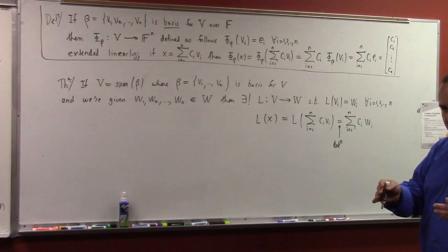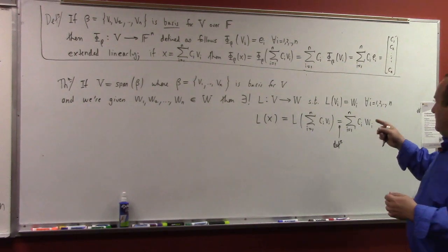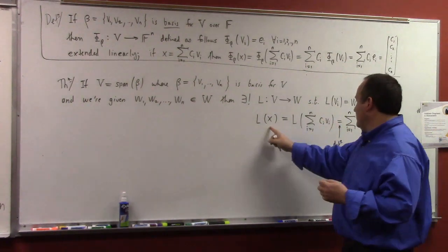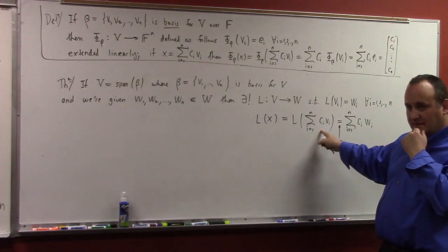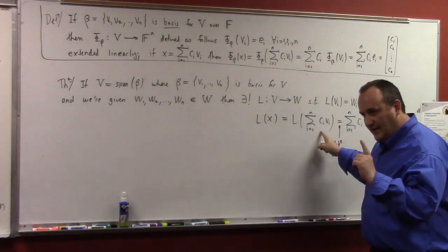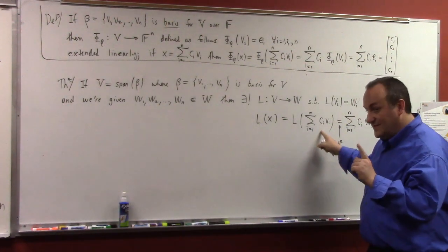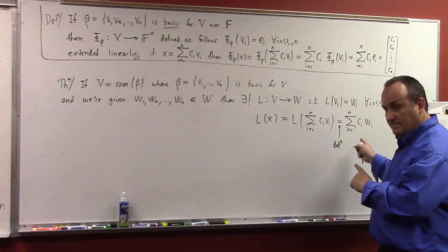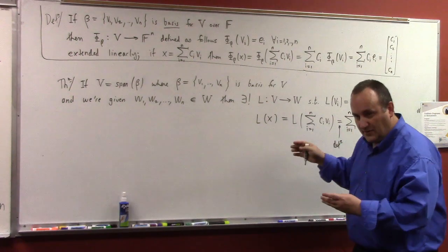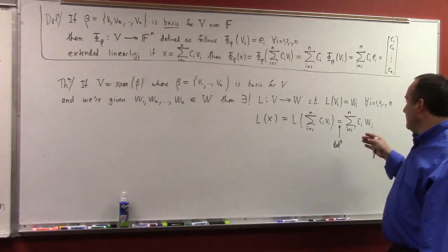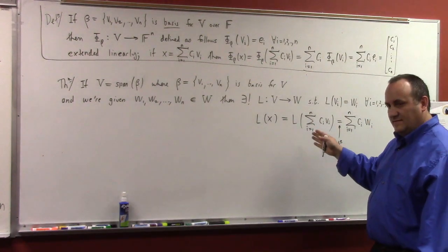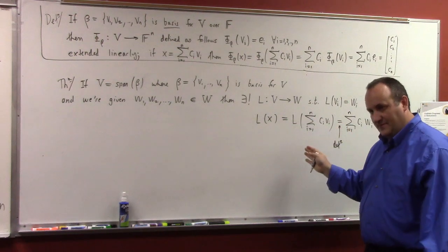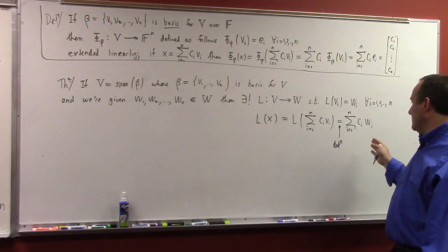If beta is a basis, the coefficients that define x as a linear combination of the v's are uniquely given. If it was not a basis, you could choose different linear combinations here, which would give you different formulas here, so it wouldn't be a unique linear transformation. But it is, so this formula is uniquely prescribed. That's where the uniqueness comes from in my view.